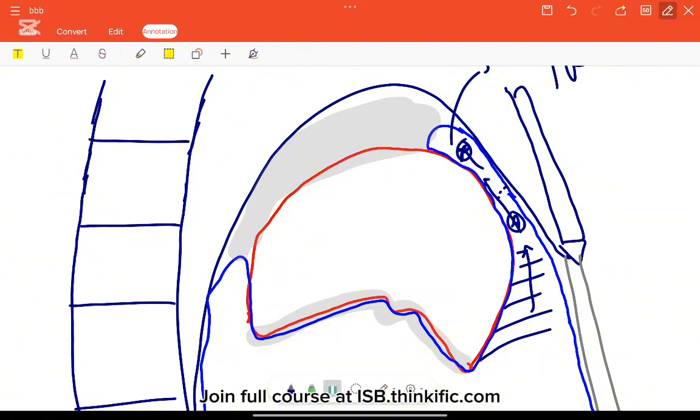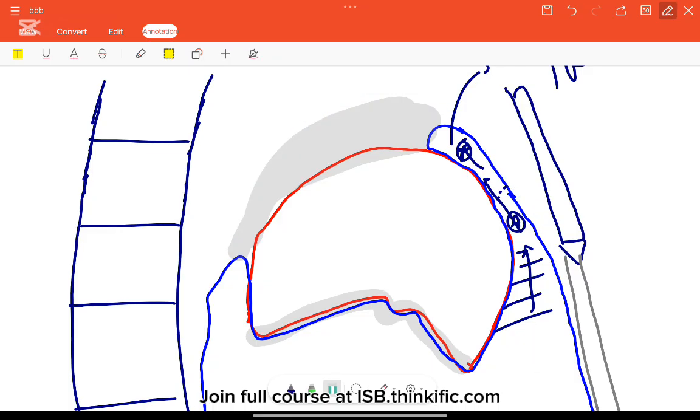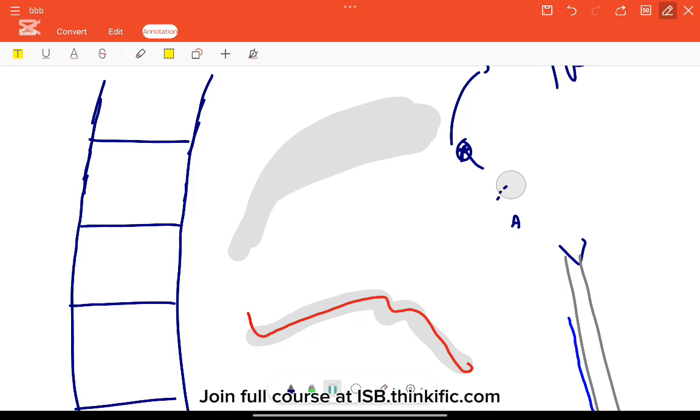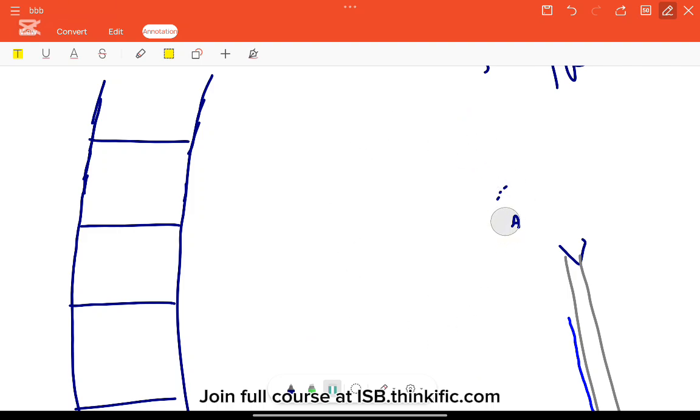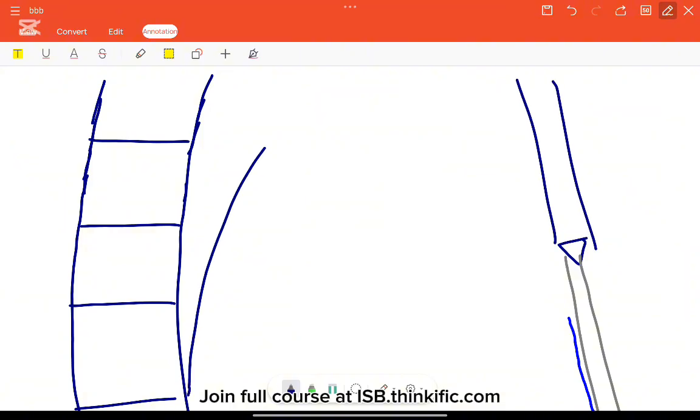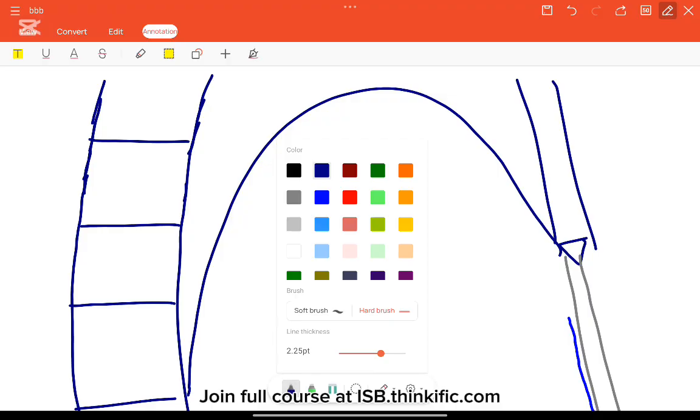First, let's begin with, suppose, this section through the anterior surface of the liver, okay? Let me clear things up so that we can do it better. Okay, so that's our sternum. This is our diaphragm. This is our liver.